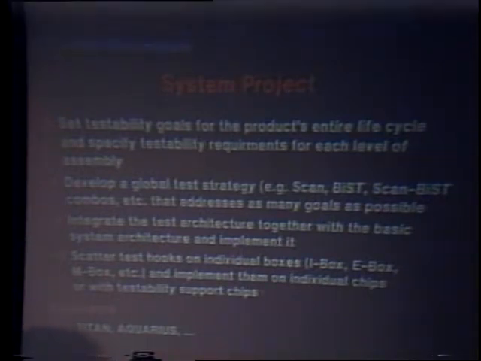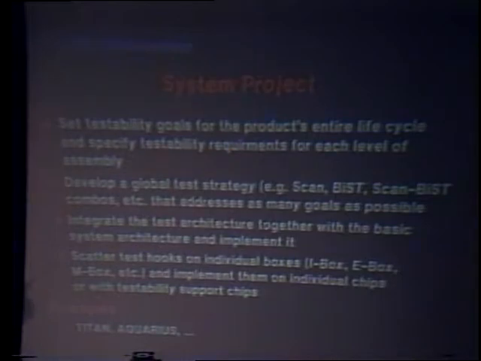Then, having determined the testability goals, we should develop a global test strategy, for example scan design, built-in self-test, or a combination of scan design and built-in self-test, and try to address as many of the goals which we may have set as possible. The next step would be to integrate this global test strategy into the system architecture.